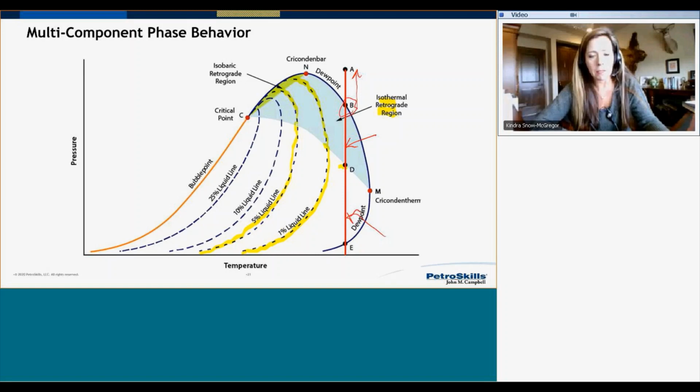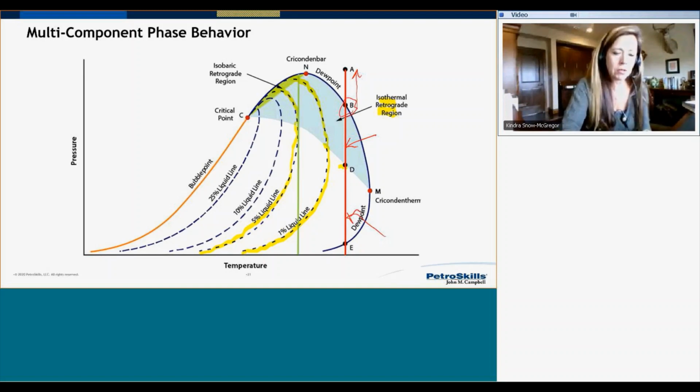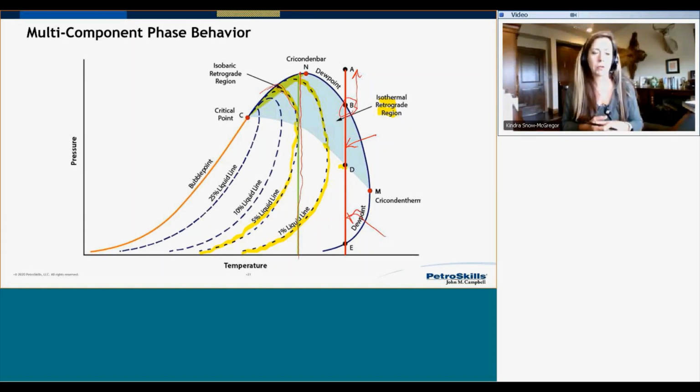Now, here's the thing. Why do I care about my retrograde region? Essentially what's happening there is that's where life kind of goes backwards. So things don't happen the way I would expect them to happen. And so you can see if I move deeper into the phase envelope here, you can clearly see by the shape of this quality line that I'm boiling off all the liquid that I condensed as I increase the pressure.